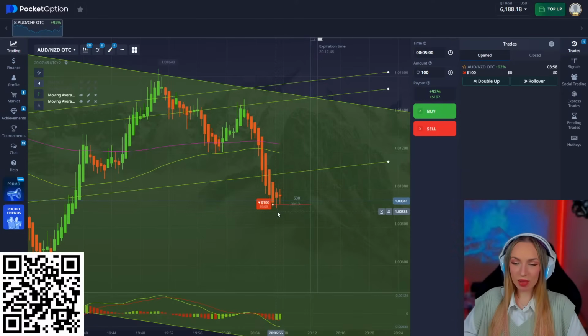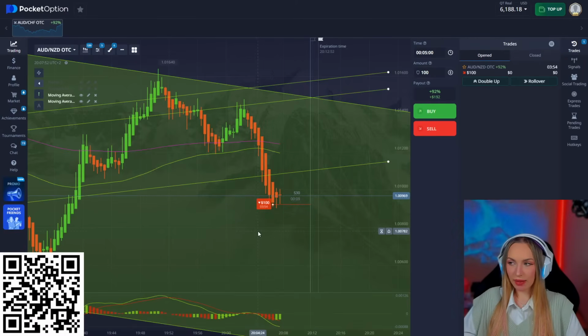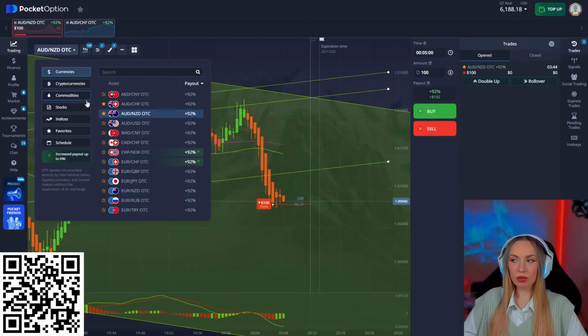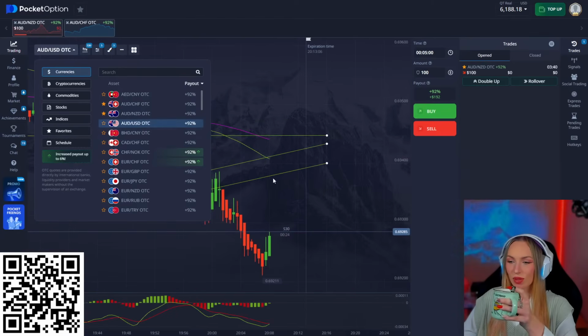Maybe it's a new update, but I don't like how the price is moving. Maybe it's lagging. And also Telegram for me today is lagging. So guys, let me know in the comments if Telegram works good for you. But yeah, today for some reason is a weird day.